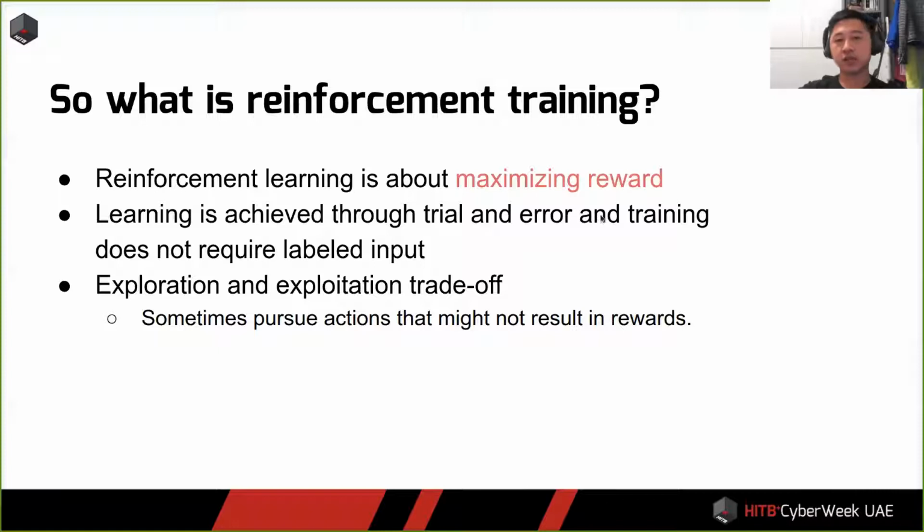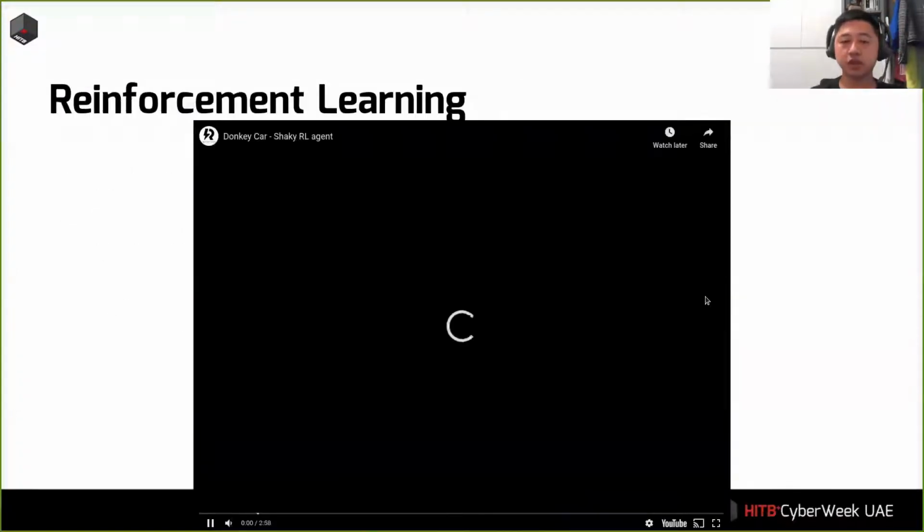Of course, underlying the policy or the algorithm is much more complex, but in theory, this is what it is doing. Okay, so in Donkey Car, we can also train a reinforcement learning agent as well.